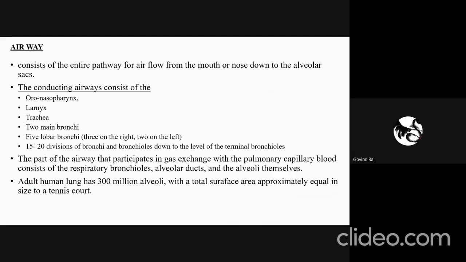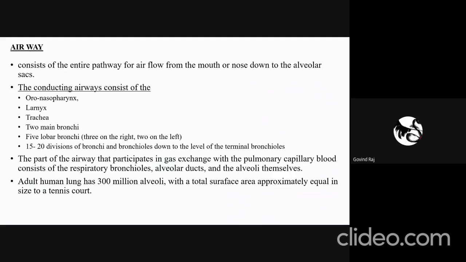After that, the bronchi branched from the main bronchus further divide into tertiary bronchi and bronchioles, about 15 to 20 divisions for each lobar bronchus. At the end we get the bronchioles, and finally the functional unit of the respiratory system, the alveoli.